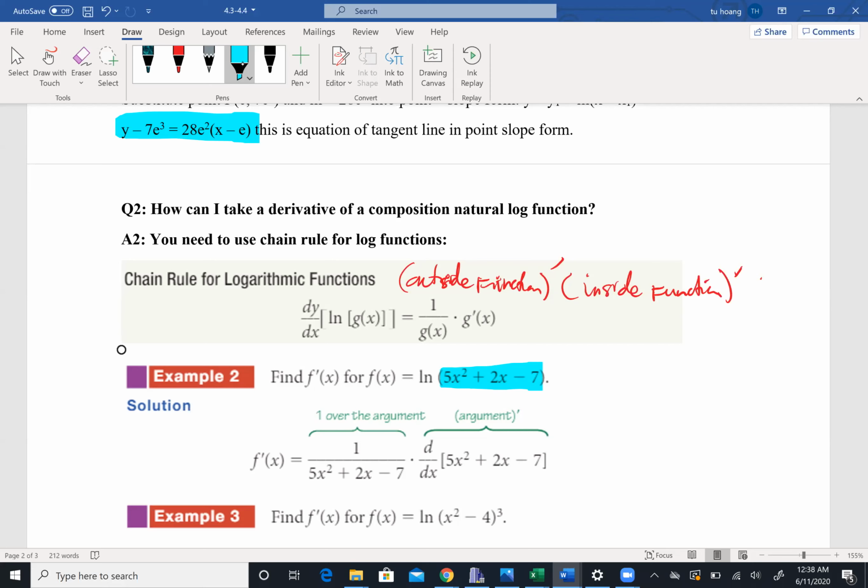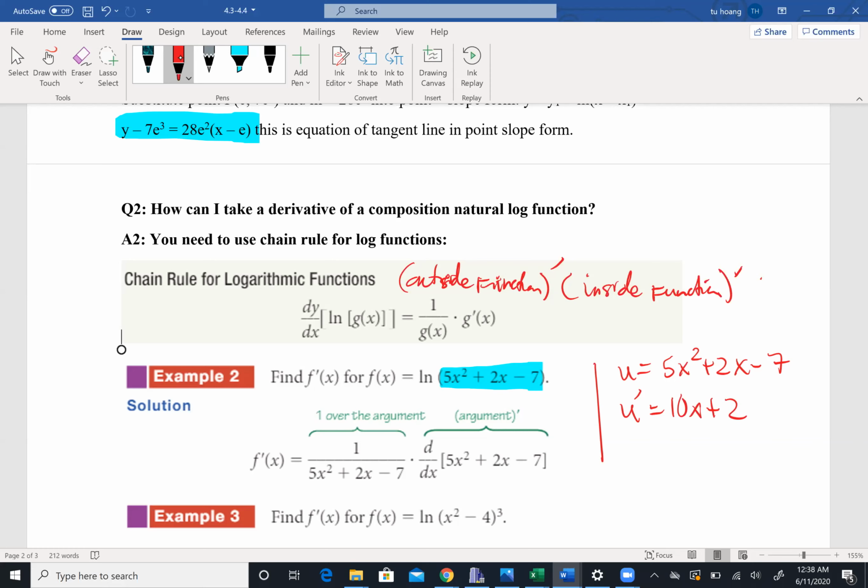So you should use the chain rule. Say u equals 5x squared plus 2x minus 7, then u prime equals 10x plus 2.